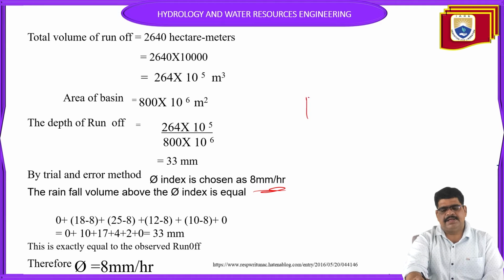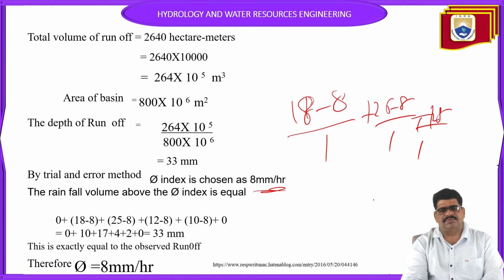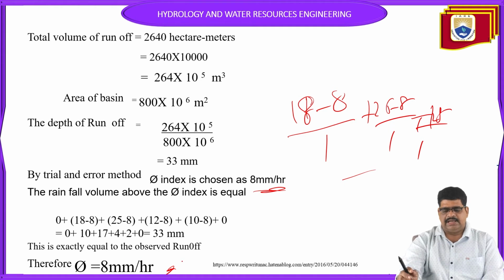P minus R by T: P is the rainfall intensity, 18 minus 8, the Phi index, divided by 1, plus 25 minus 8 by 1, plus 12 minus 8 by 1. Like that we find the values, equal to the runoff value. Therefore the Phi index is 8 mm per hour.